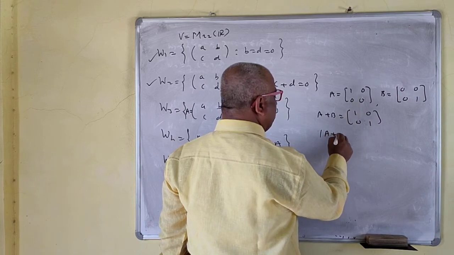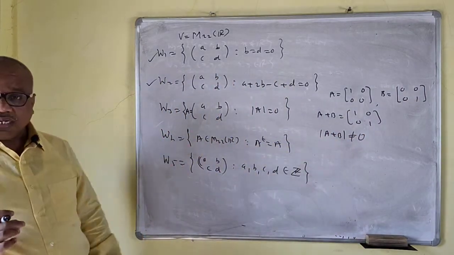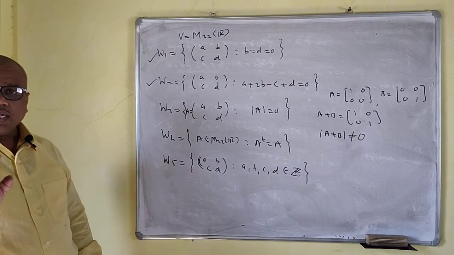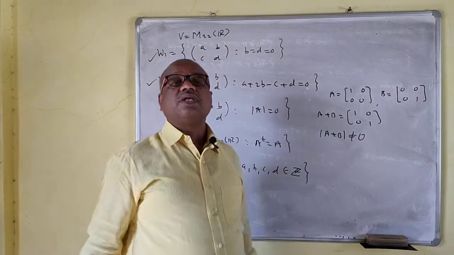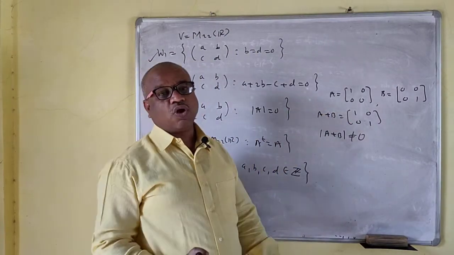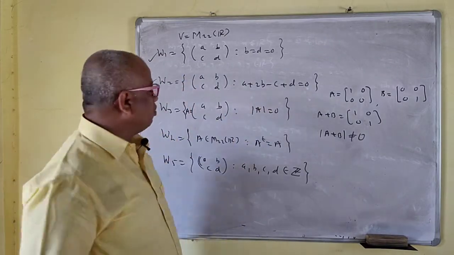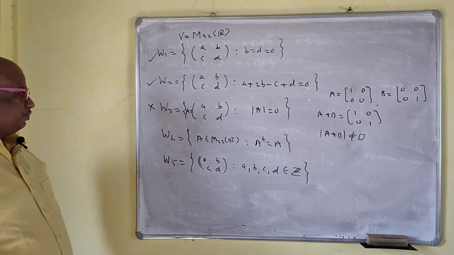So determinant of A plus B is not equal to 0, it is 1. That means determinant A equal to 0 and determinant B equal to 0 does not imply that determinant of A plus B is also 0. So A, B belong to W, but A plus B does not belong to W. This is the counterexample. So this is not a subspace.